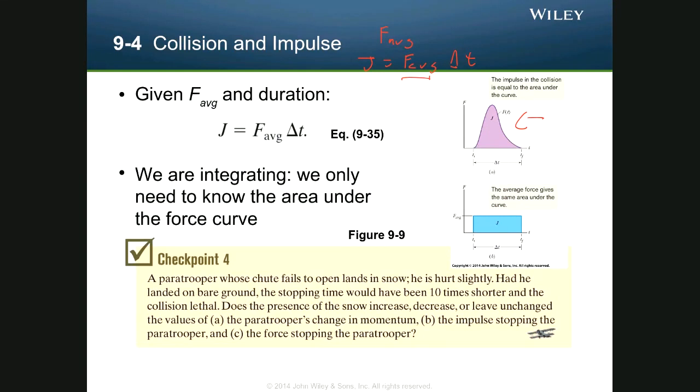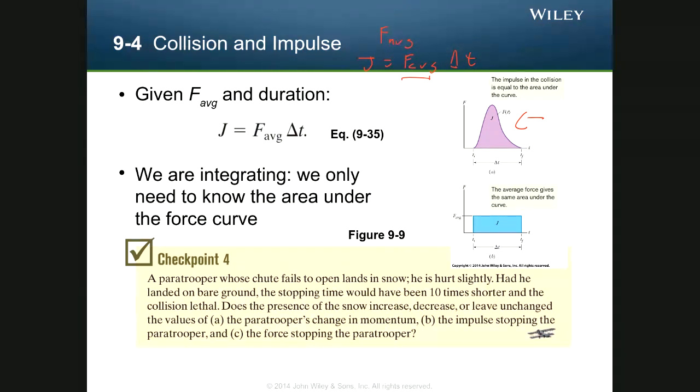All right? So does the presence of the snow increase, decrease, or leave unchanged: A, the paratrooper's change in momentum; B, the impulse stopping the paratrooper; or C, the force stopping the paratrooper.